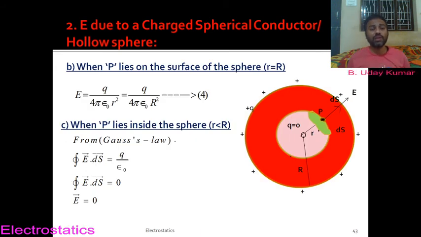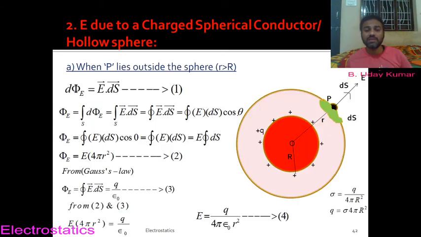So these are the other 2 points where you want to find the electric field intensity. In this diagram, remember the red colored sphere is our original sphere, not cylinder, my mistake, sorry. This red colored sphere is the charged spherical conductor whose electric field intensity we want to find.